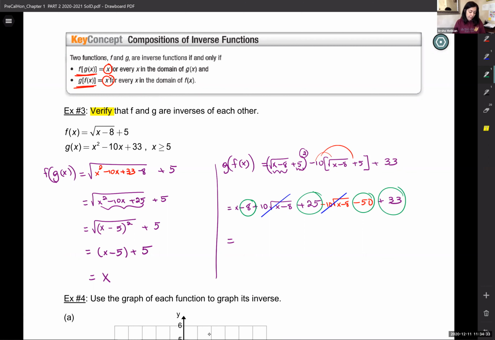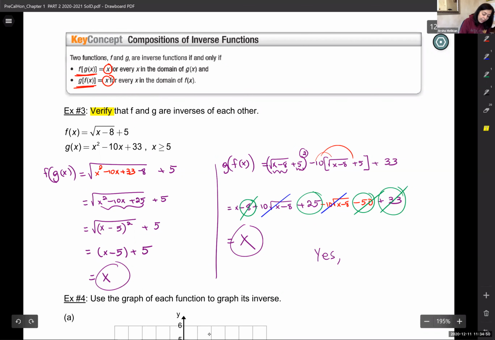That's minus 58 plus 58. All goes away. What am I left with? X. Isn't that cool? So look at what happened. F of g of x and g of f of x both gave you an x. So you say, yes, they're inverses.